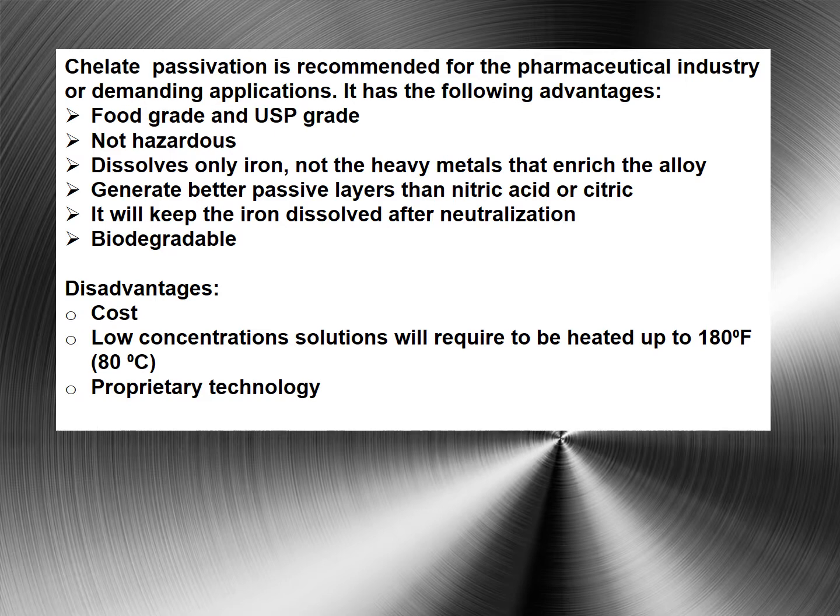It generates better passive layers than nitric or citric acids. It will keep the iron dissolved after neutralization, and the chemicals are biodegradable. On the other hand, it has the following disadvantages. Cost. Low concentration solutions will require being heated up to 180 degrees Fahrenheit, and it's a proprietary technology.